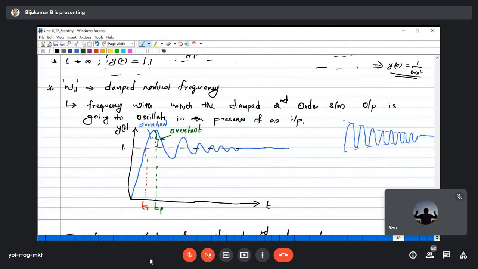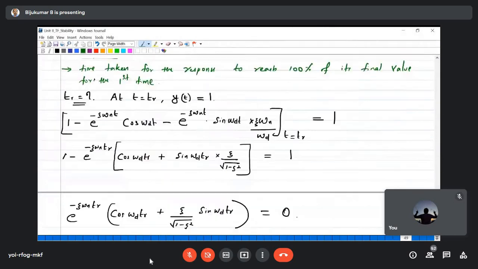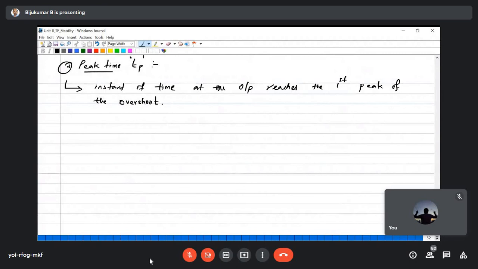So we understood that at a time t equal to Tp, the output is maximum, right? So how will you find the Tp from the response? So first of all, you can take the first derivative of the system and equate to 0.